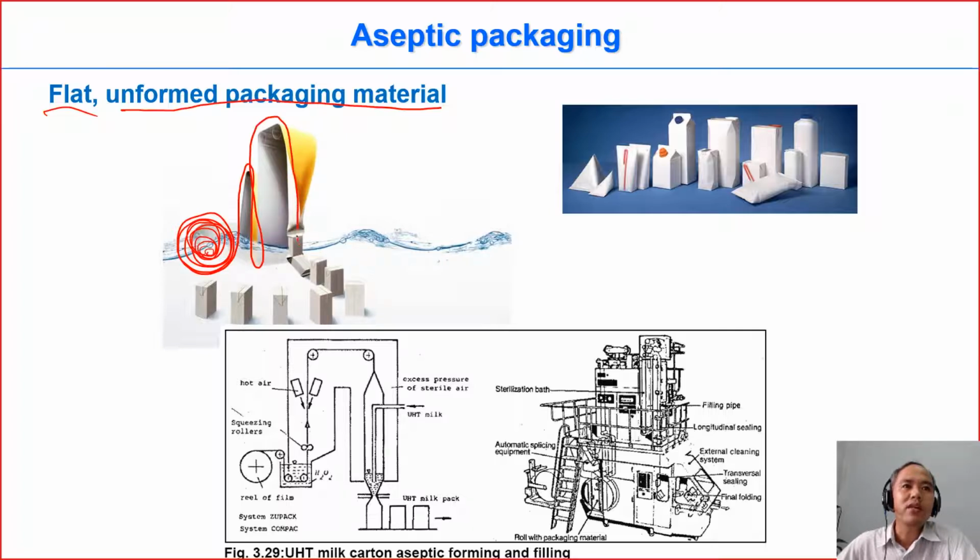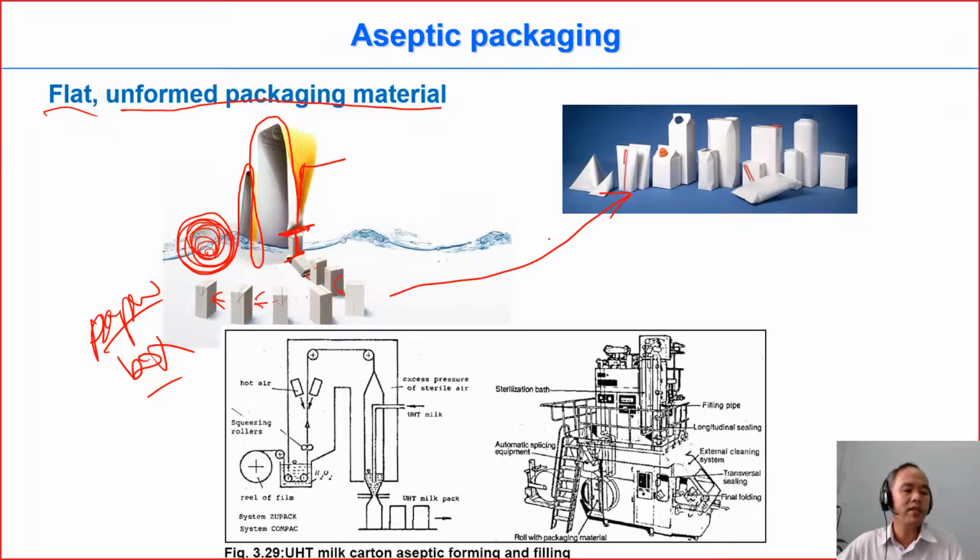For example, first you seal vertically. You seal this, and you seal this, and then you fill your product, UHT milk, and then you seal this one and do some folding and so on, and then we have UHT milk in a paper box, and this is very popular in Vietnam.